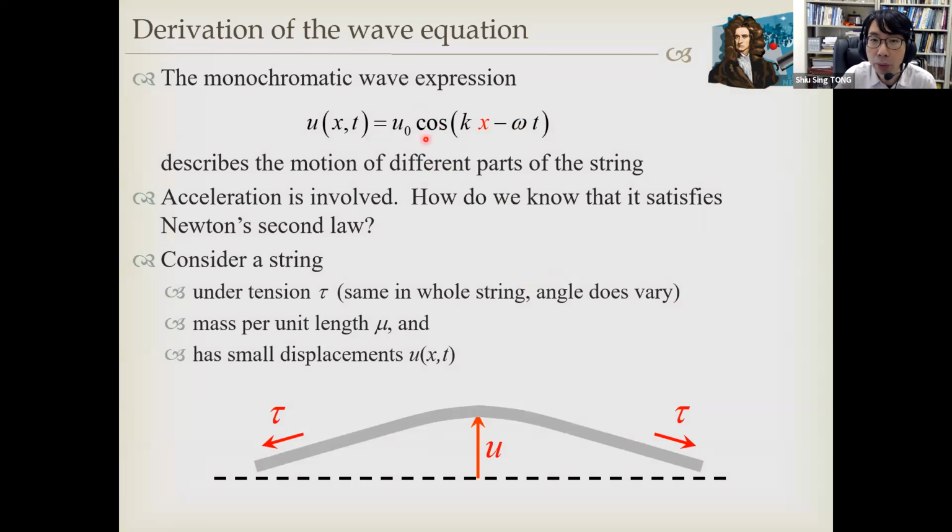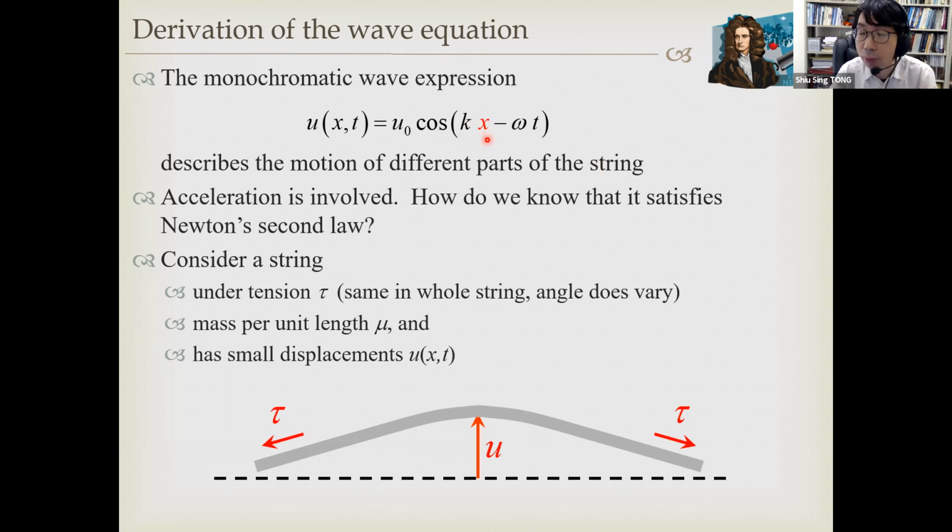Now here we have a monochromatic wave, u equal to u naught cosine (kx minus omega t), right? Now this describes the motion of different parts of the string. If we choose a different x, that means we are looking at a different position. Okay, x can be chosen arbitrarily. For example, if we choose x equal to 0, then we are always looking at the origin to see the particle there vibrate up and down.